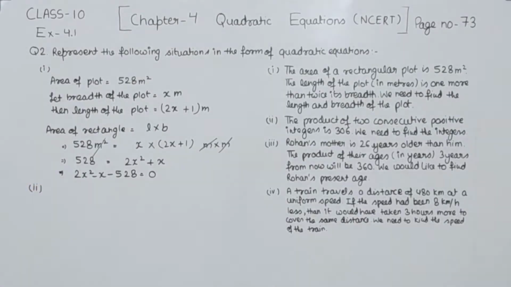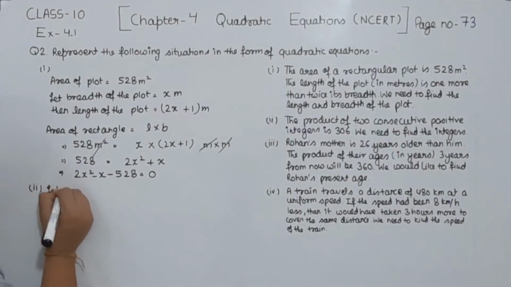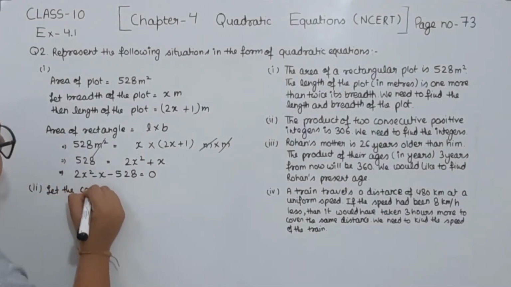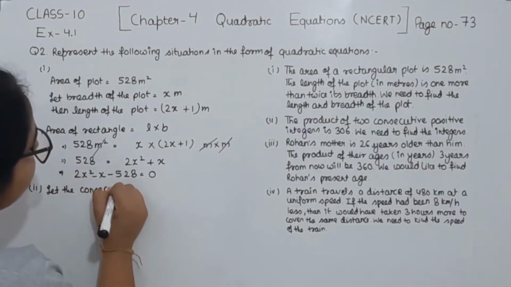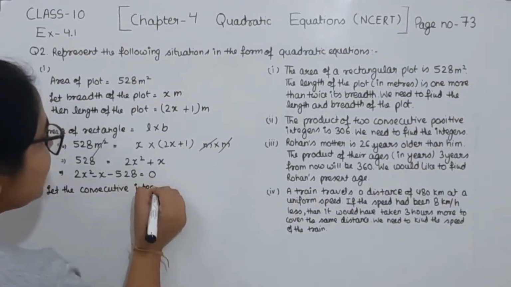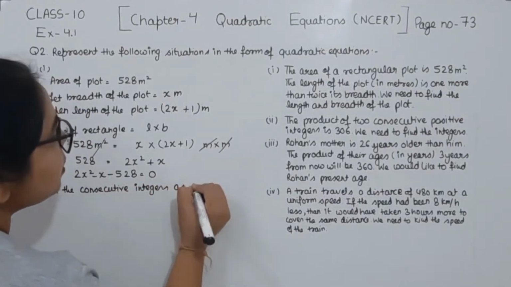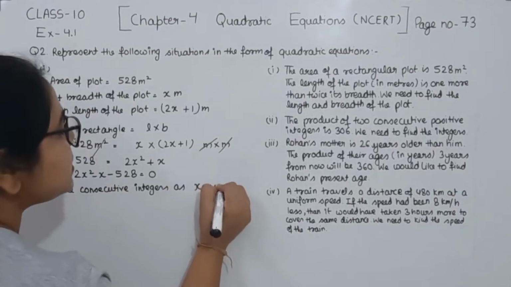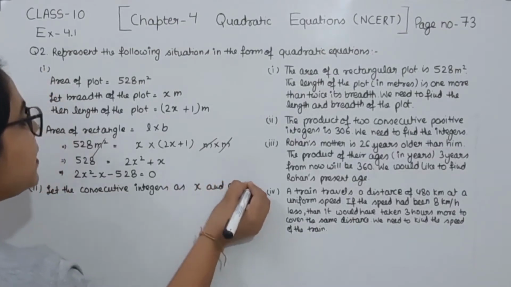Here we are having the product of two consecutive positive integers is 306. We need to find the integers. So first of all we need the two consecutive integers. So I'm going to write here, first of all let the consecutive integers be, first one is x and the second one will be x plus 1.